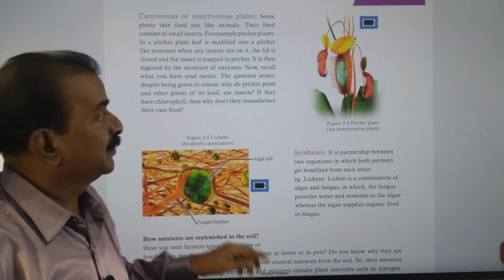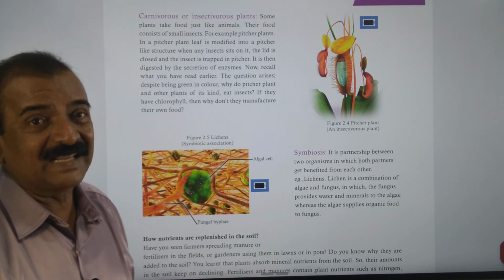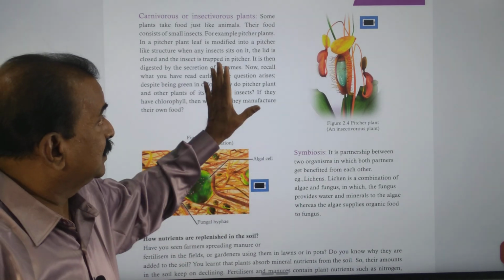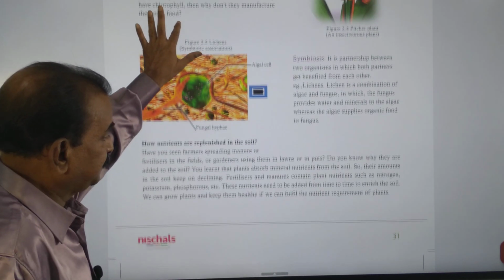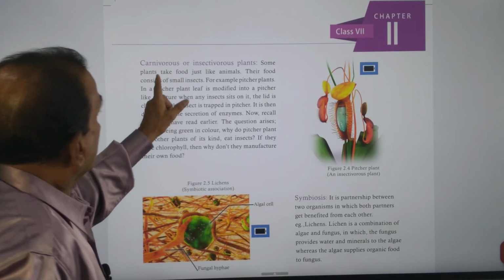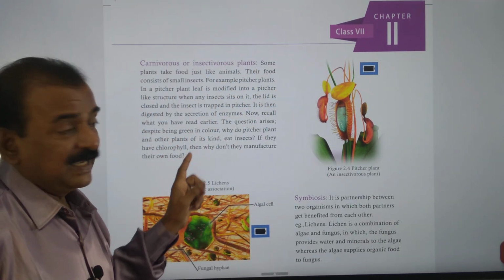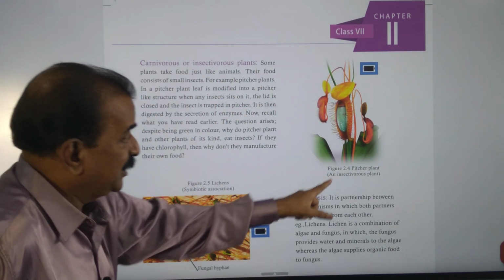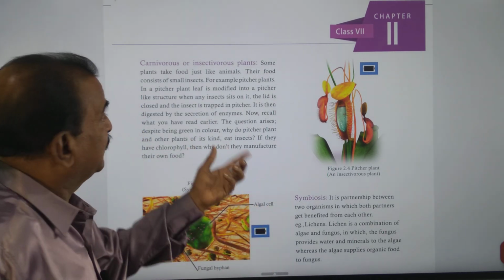Now I am reading the information given on page number 31. Carnivorous plants are also called insectivorous plants. An example is Nepenthes, which produces a pitcher, and the leaves are modified into the pitcher.